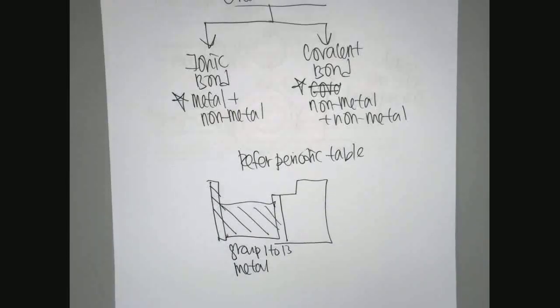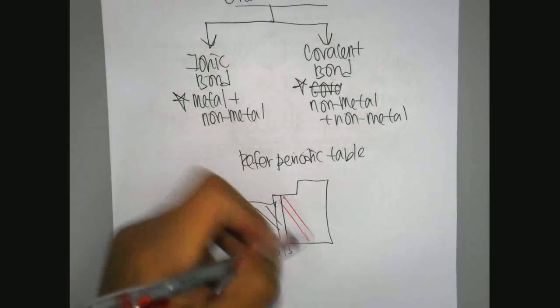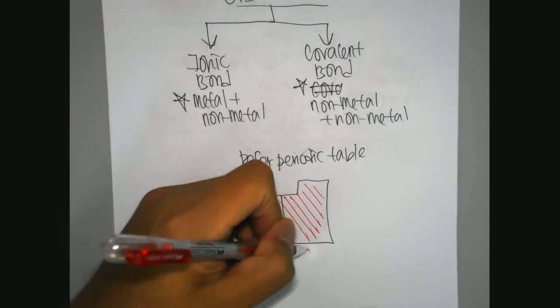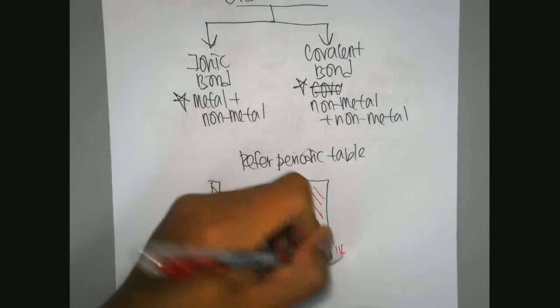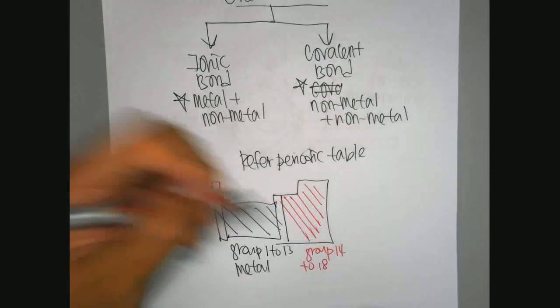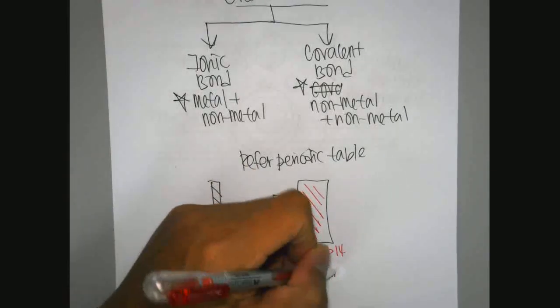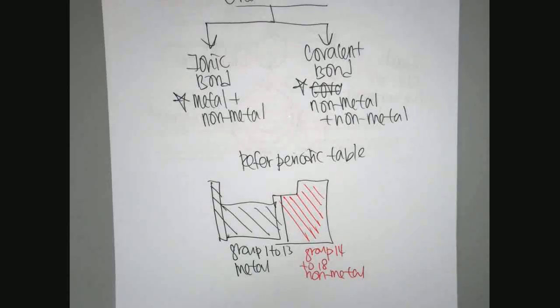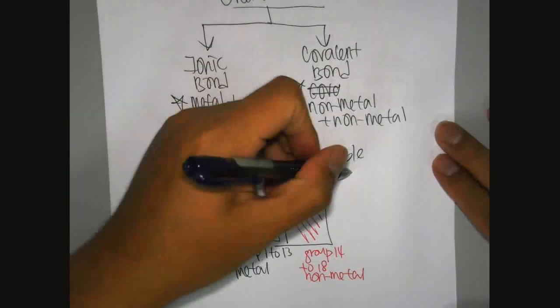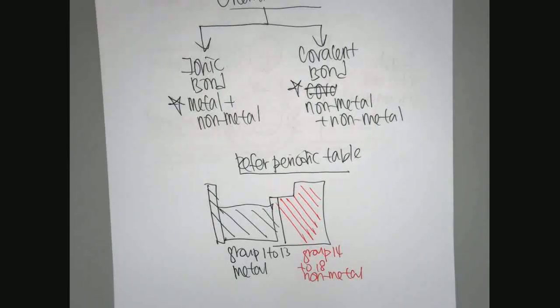Meanwhile, everything from group 14 all the way to group 18 will be classified as non-metal. So by referring to the periodic table, we should know whether they are metal or non-metal.